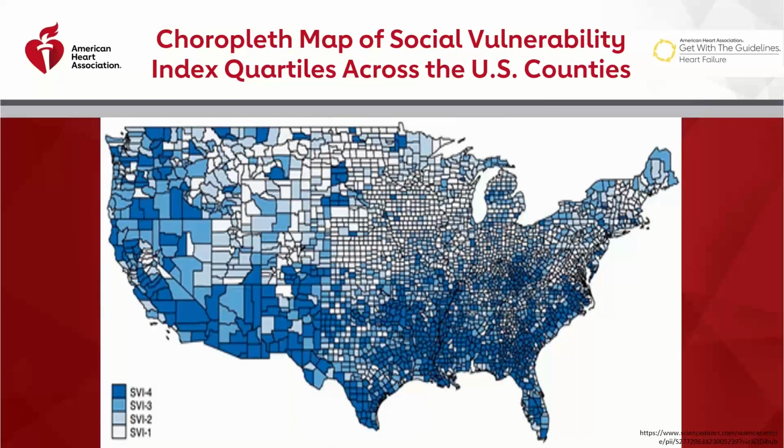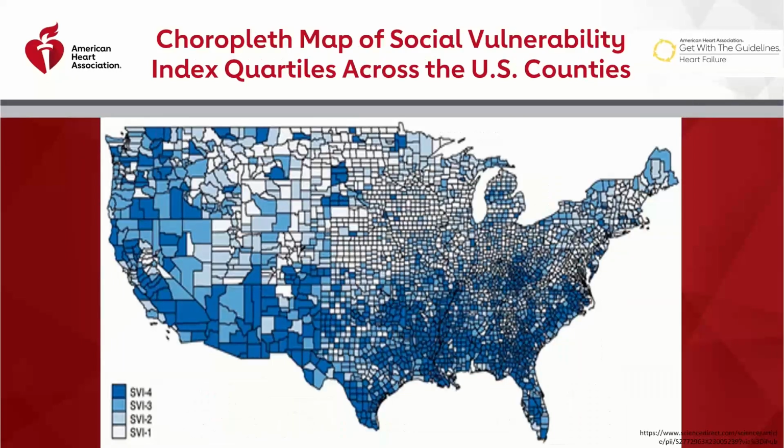This is a choropleth map that looks at the same demographic by counties, and it talks about the social vulnerability index. And as you can see, the areas in the southeast and the southwest, the same areas where there is an excess in death rate, also represent a higher likelihood of having an increased social vulnerability index.